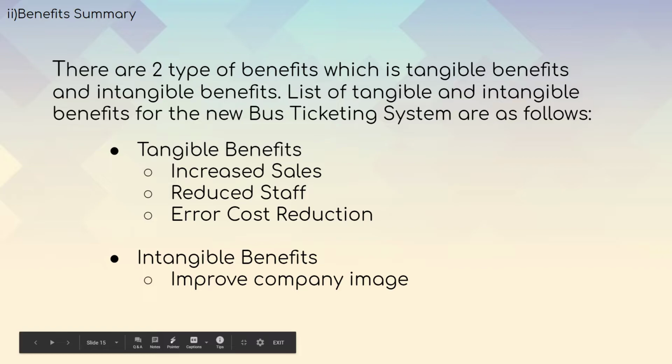Can you go straight to the numbers? I want to see the numbers. So the new bus ticketing system will reduce the processing time of each ticket order. Basically, if there is a long queue, the customer will likely leave for another bus company.